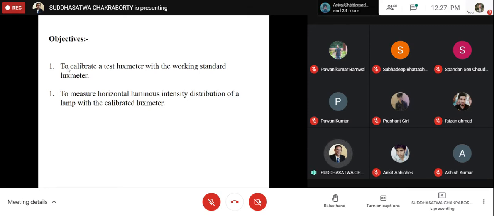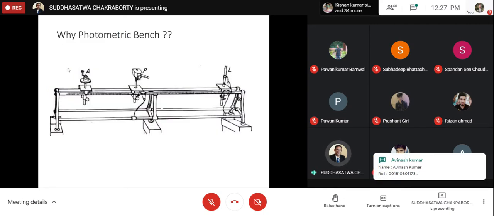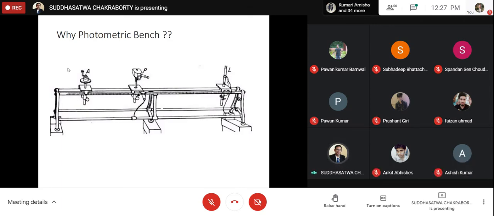But the second part, the measurement of the horizontal luminous intensity distribution, is the prime concern of what we are supposed to measure. I will first discuss the first part. This is very interesting, but the entire experiment will be performed on a photometric bench.